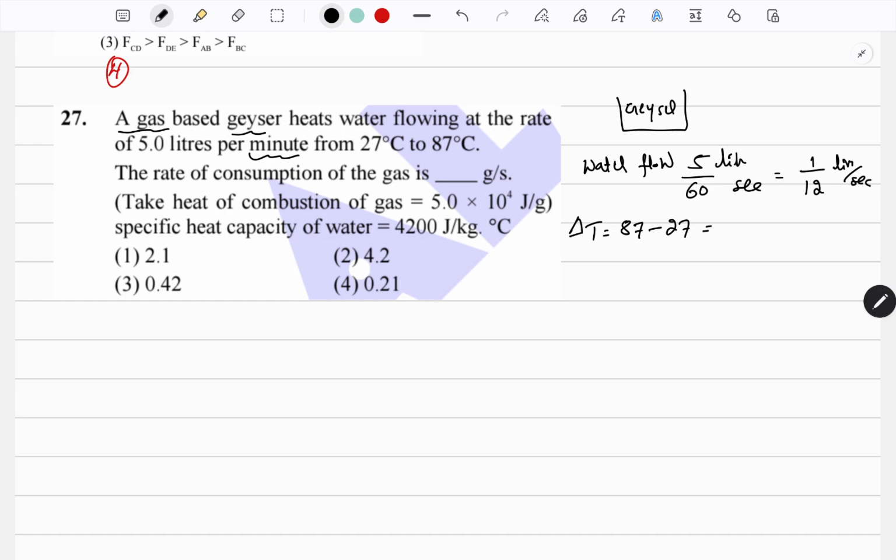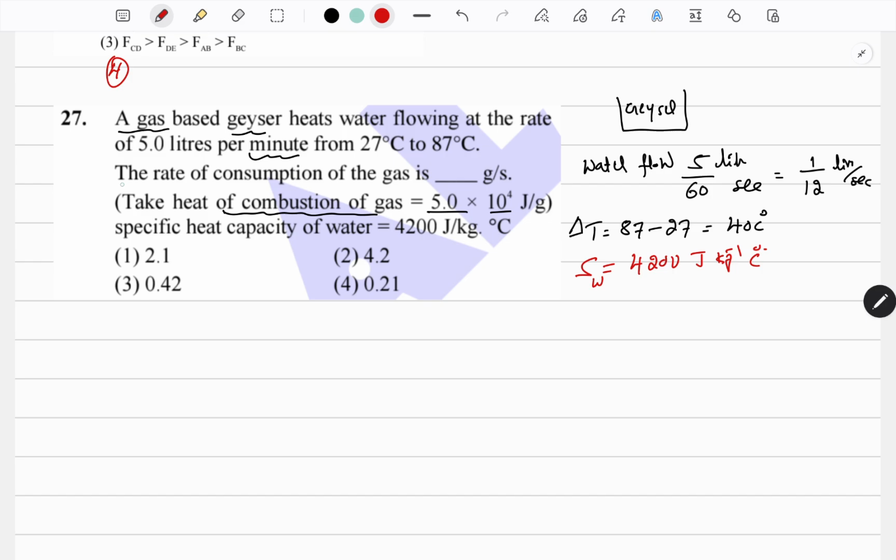So the answer is 40 degree Celsius. Heat of combustion is equal to 5 into 10 to the power 4. Specific heat capacity of water is equal to 4200 joule per kg per degree Celsius.